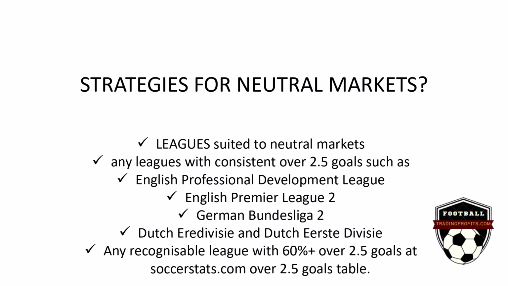Any recognisable league with 60% plus over 2.5 goals at soccerstats.com. Of course, not every match is going to be over 2.5 goals. Do a little bit extra research to ensure that the two teams you're involved with today, both scoring and both conceding, both have good 2.5 goal records, both teams to score records, etc.